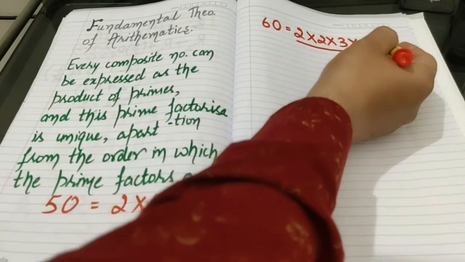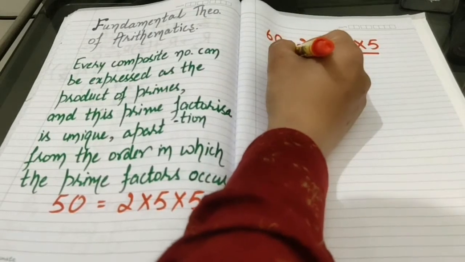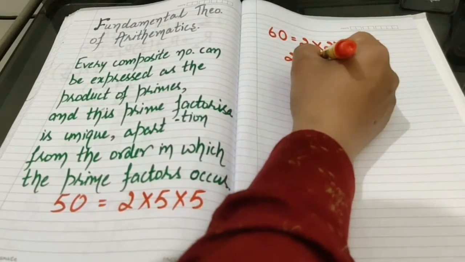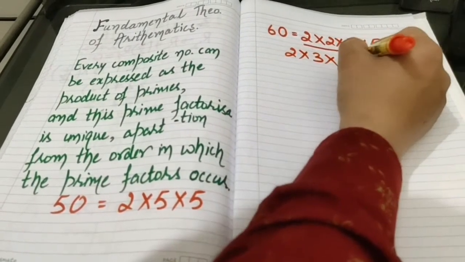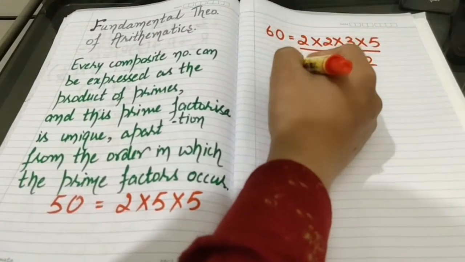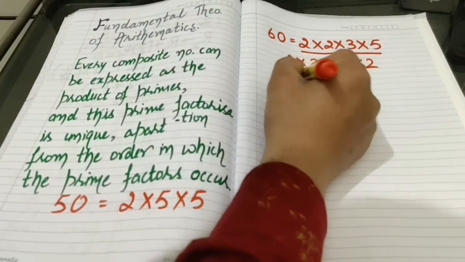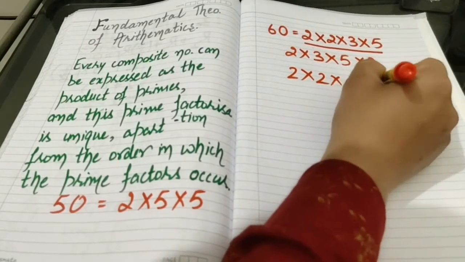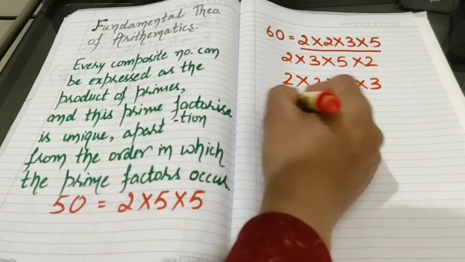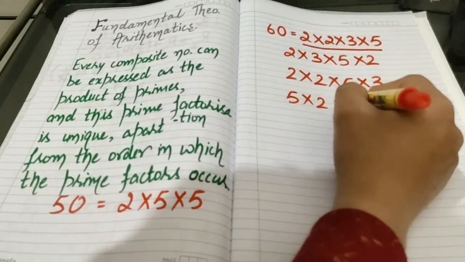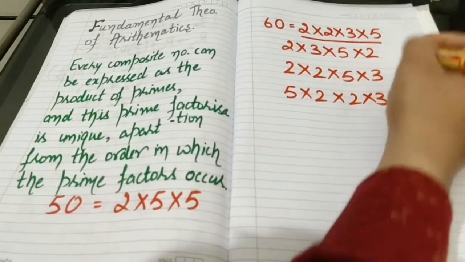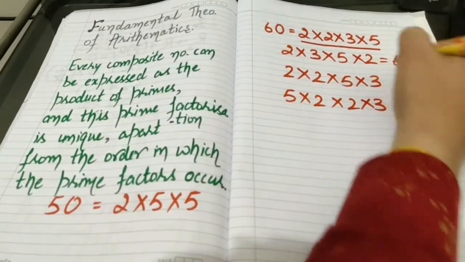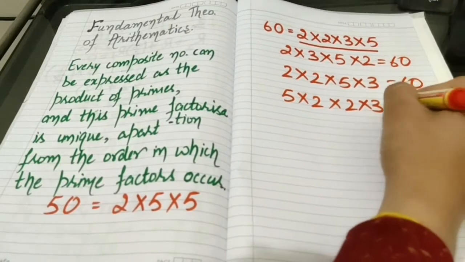If we multiply these numbers by changing their order, that is 2 into 3 into 5 into 2, or 2 into 2 into 5 into 3, or 5 into 2 into 2 into 3, in every case their product will remain 60.